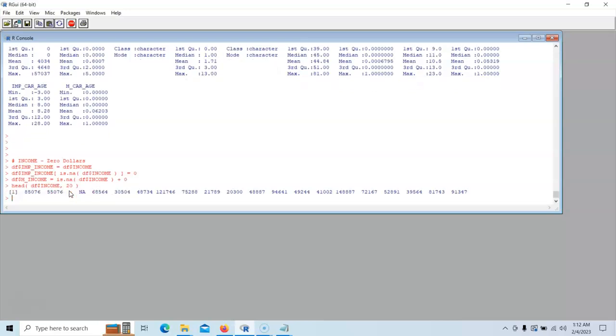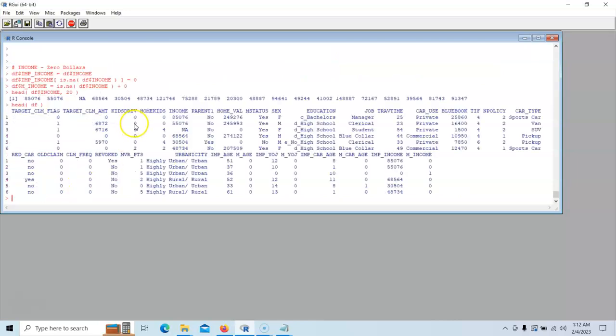See, look, this guy right here, we don't know how much money he makes. So the first 20 people, let's do head. Right here, income, we don't know how much money this guy makes. So we could assume the worst. We could assume that this guy makes $0. And look, we've imputed that.